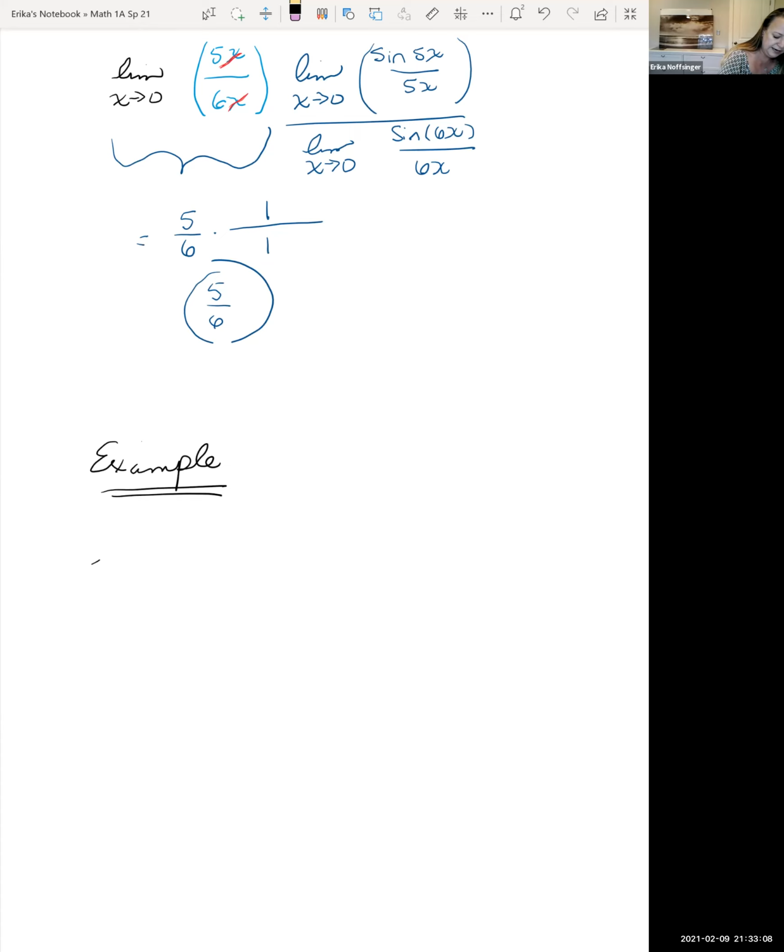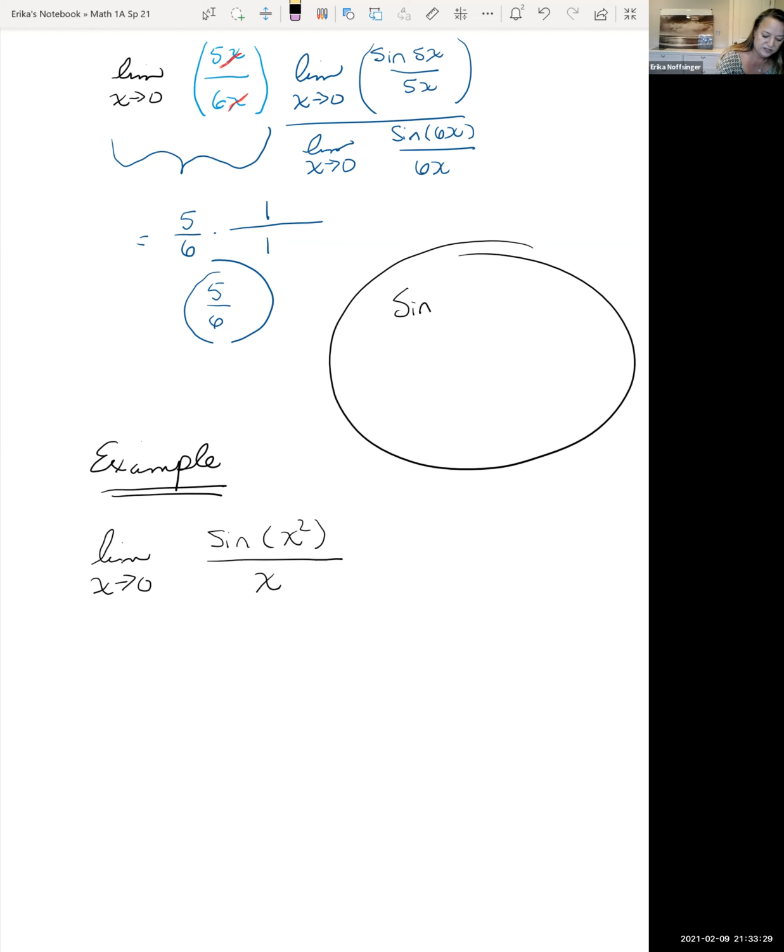Now looking at the example, the limit as x is approaching 0 of sine of x squared all over x. Recall there's a difference: sine of x squared, the argument being x squared, is not the same thing as sine squared x, sine of x quantity squared.